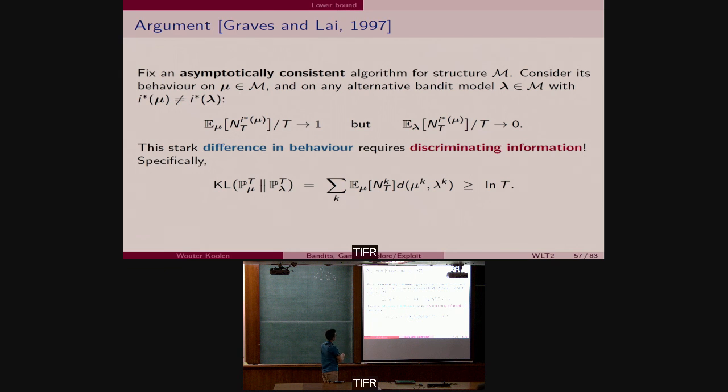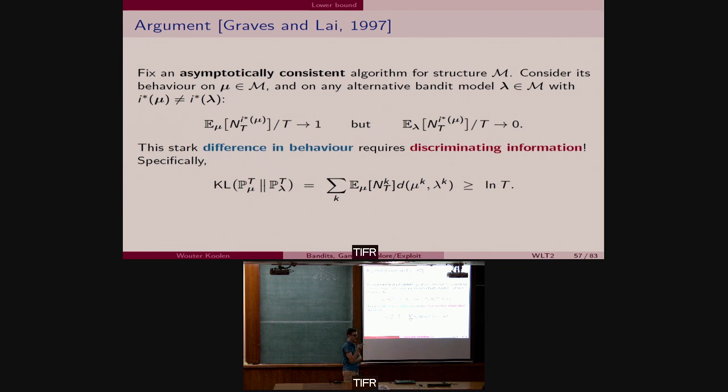Okay, so in that class of algorithms, we can play that similar game by saying, look at a bandit model mu and another bandit model lambda, where the best arm is different. So I star is now always the best arm. Being asymptotically consistent means that if I put you in mu, you will sample the best arm for mu almost all the time.